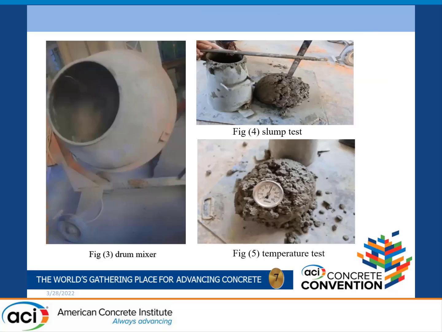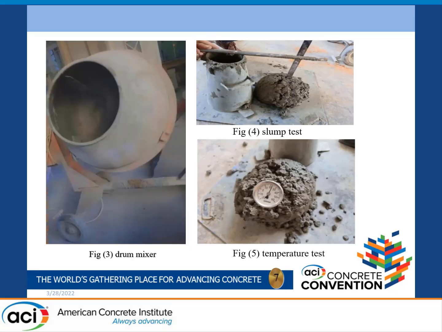After that, we cast the concrete in the mold after lubricating it with a little bit of oil. Then we compact it to reduce the air voids, which are considered weak spots for concrete.